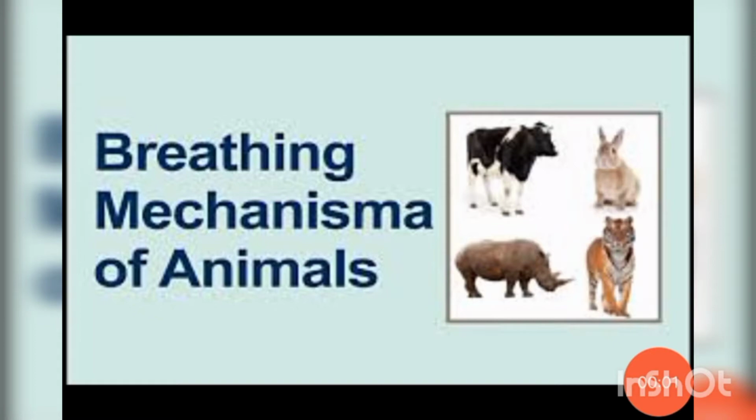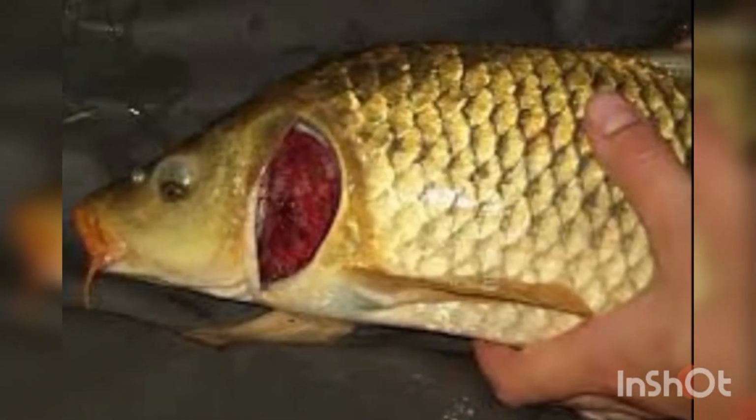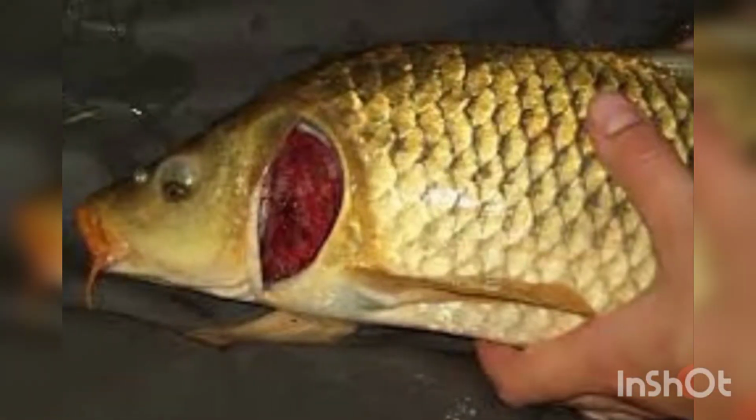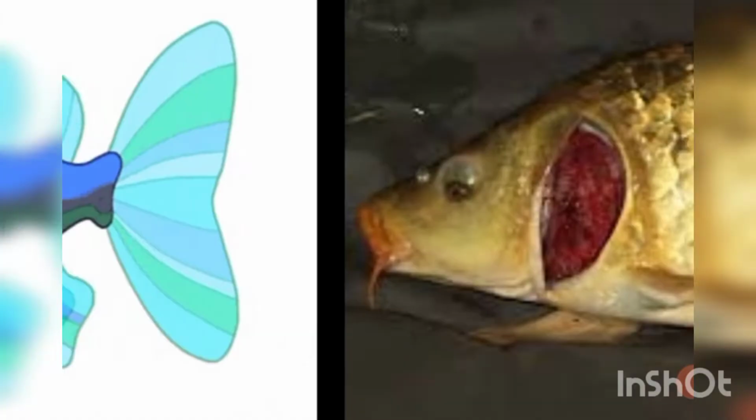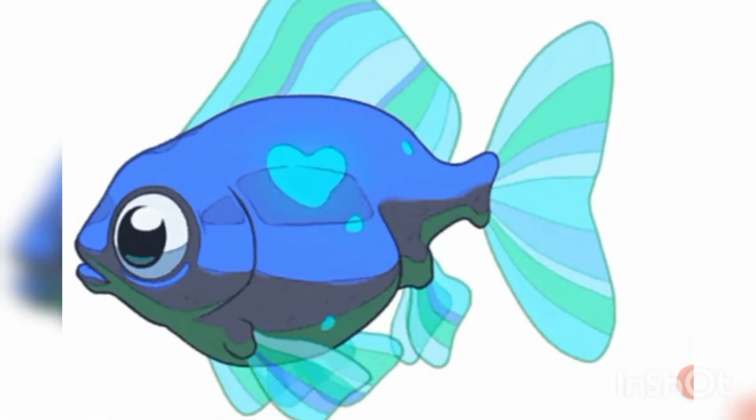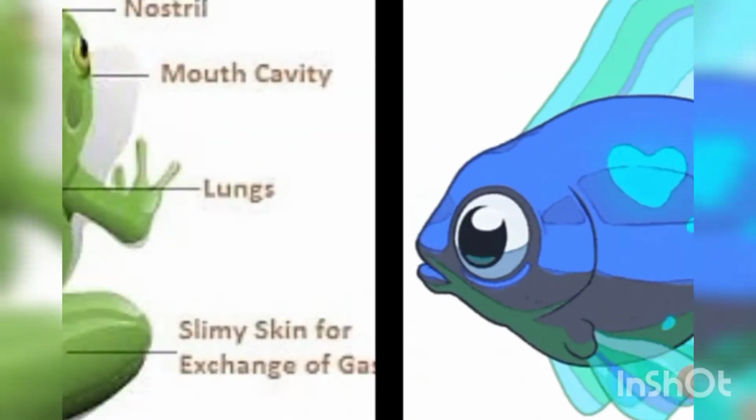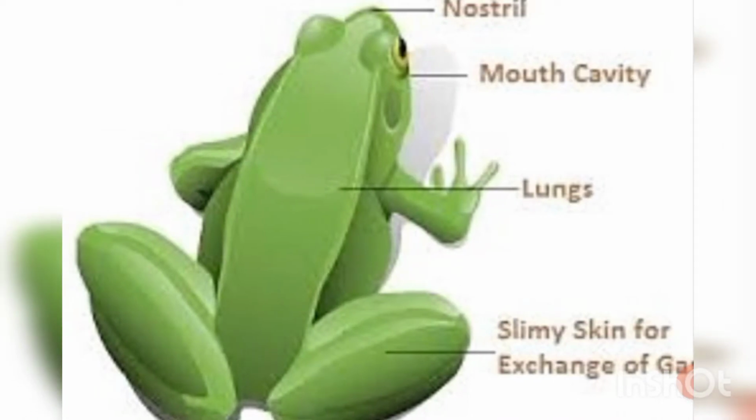Breathing organs of animals. Fish have a special structure called gills through which they breathe. Water flows in through the mouth and flows out through the gills. Frog and earthworm breathe through their moist skin. Frog also breathes through the lungs when they are on land.